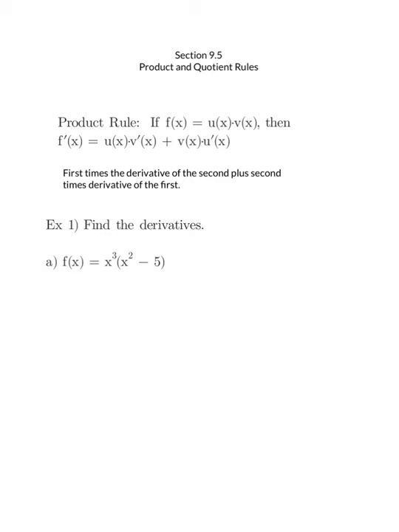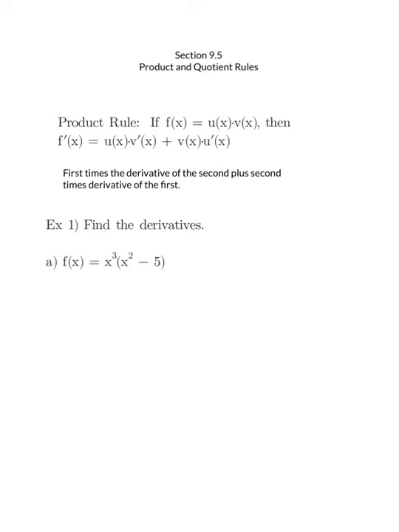For our first example, we are going to start with the function f of x equals x cubed times the quantity x squared minus 5. The first thing you want to do is figure out where the multiplication is happening, because that determines which of your functions is the first and which is the second.